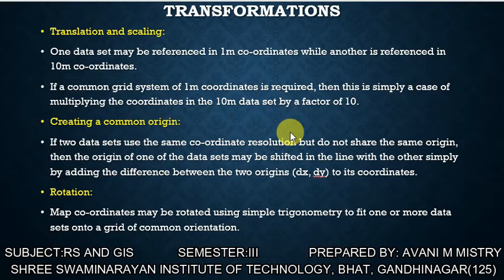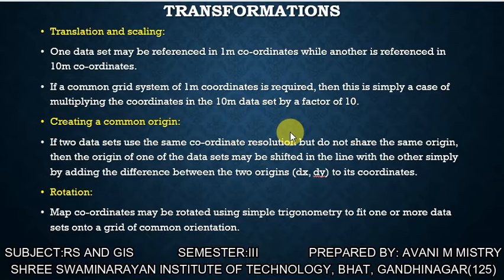If two data sets use the same coordinate resolution but do not share the same origin, that means both have different origins, then the origin of one of the data sets may be shifted in line with the other simply by adding the difference between the two origins to its coordinates.